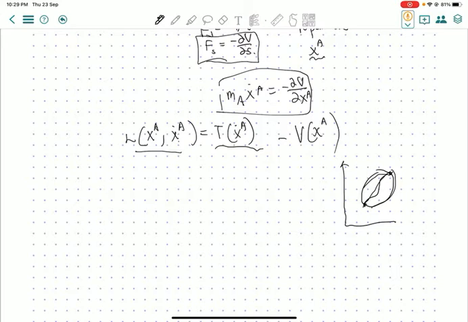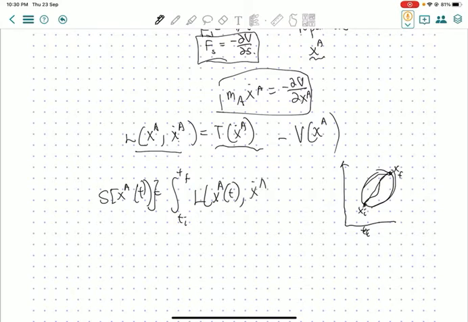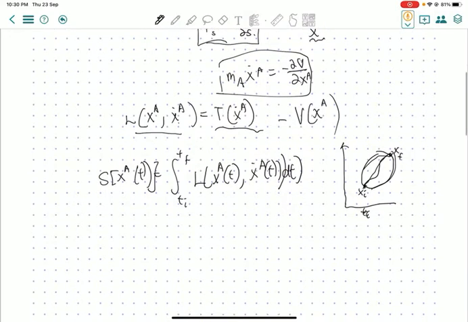So first we define the action S[x_a(t)], that's going to be equal to the integral from the initial time to the final time, with positions x_i and x_f, of the Lagrangian, like this, and this is how we define our action.